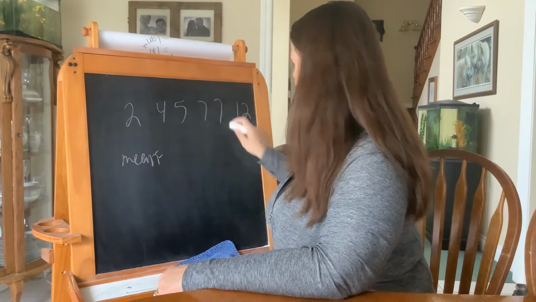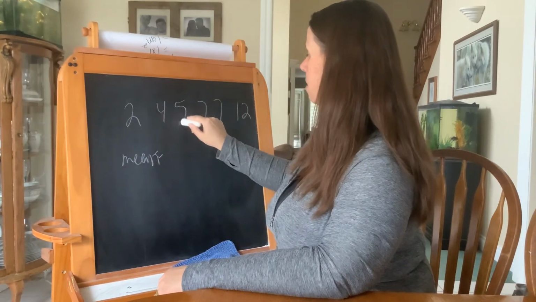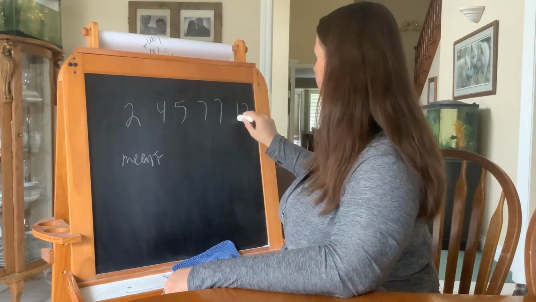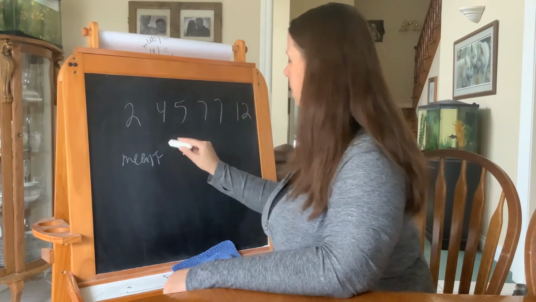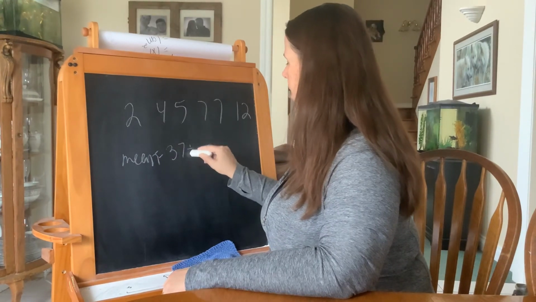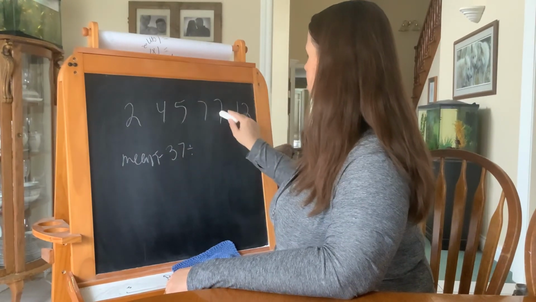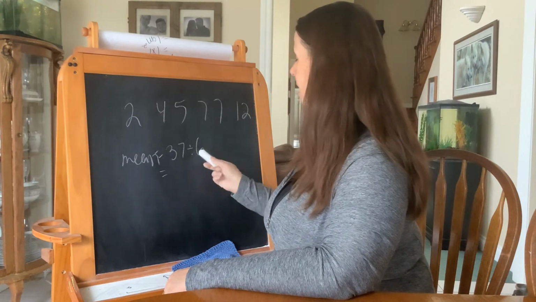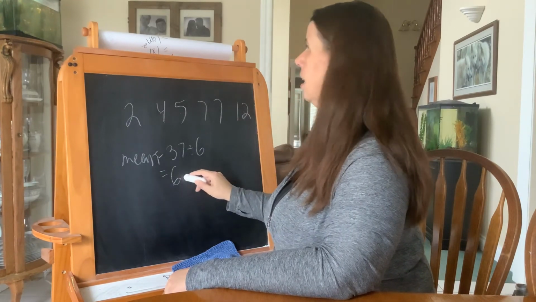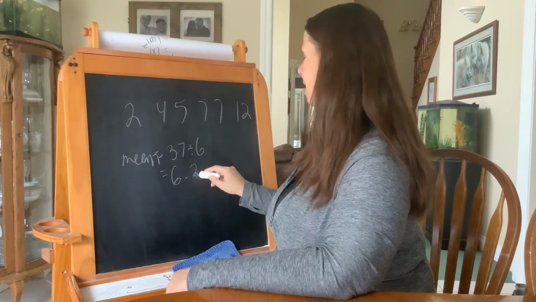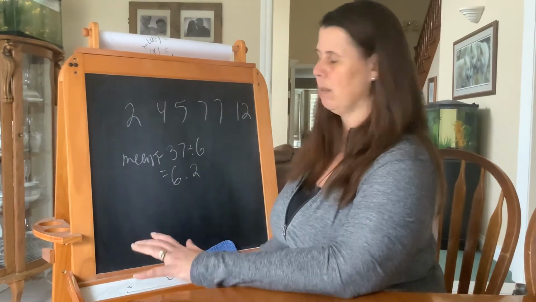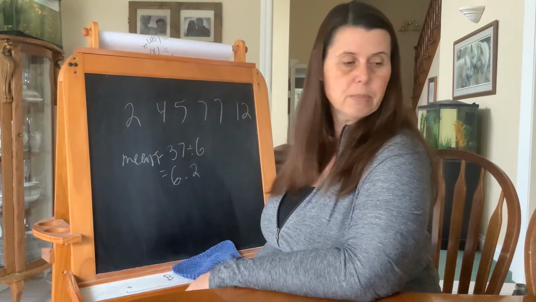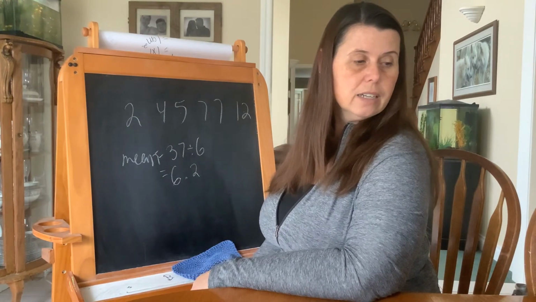Add them all up. 2 and 4 is 6, 5 is 11, 7 is 18, 7 is 25, 35, 36, 37. So 37 divided by 1, 2, 3, 4, 5, 6 pieces of data. 37 divided by 6, well, it's 6, and I think it's about decimal 2, decimal 17, something like that.